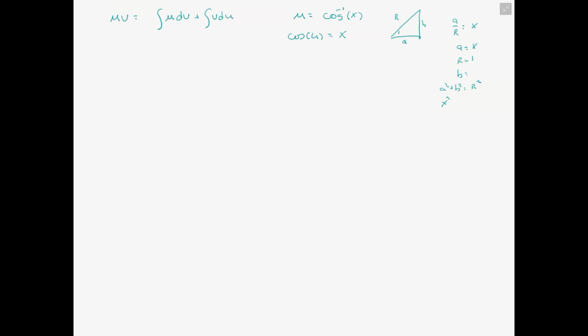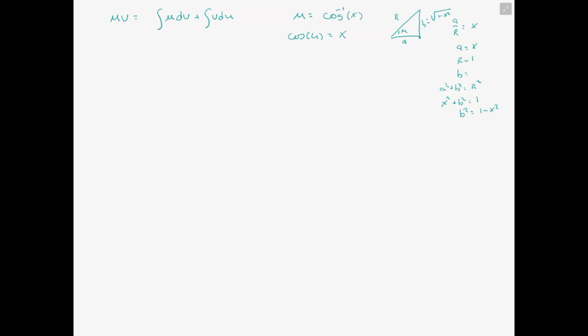So if a is x, x squared plus b squared equals 1, b squared equals 1 minus x squared, and so b is the square root of 1 minus x squared.